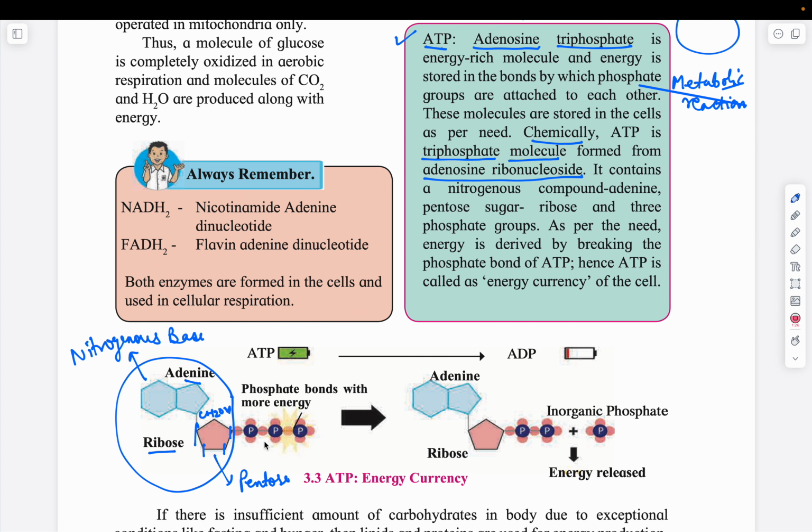This molecule is attached to 3 phosphate groups. This is phosphate 1, phosphate 2 and phosphate 3. This whole reaction is showing how ATP yields or produces energy. For the production of energy, it's very simple.